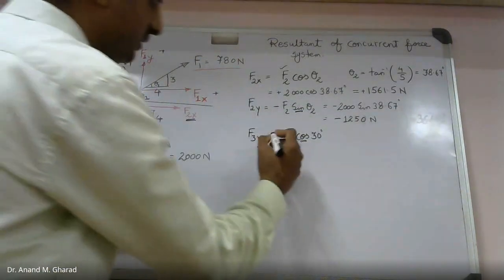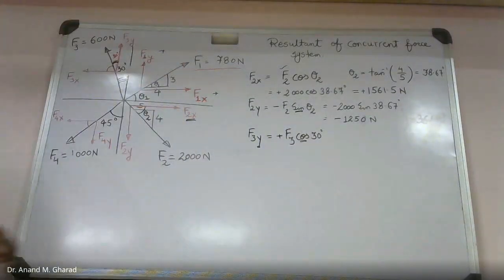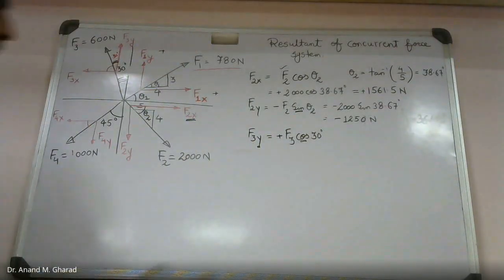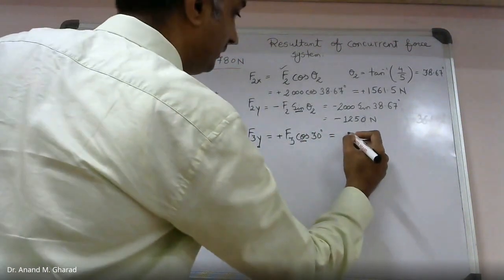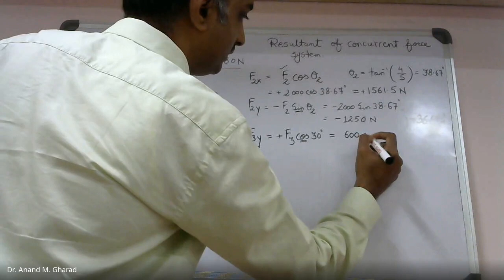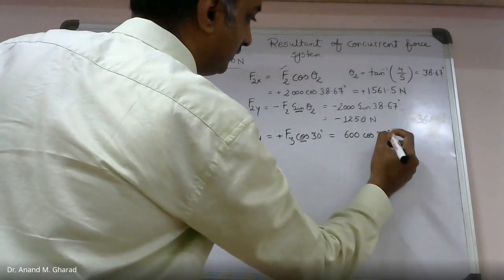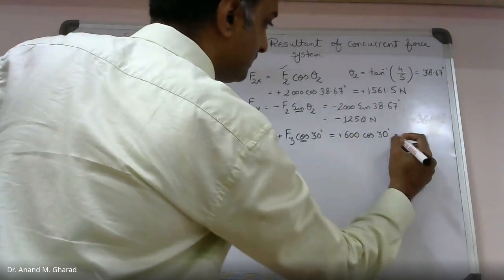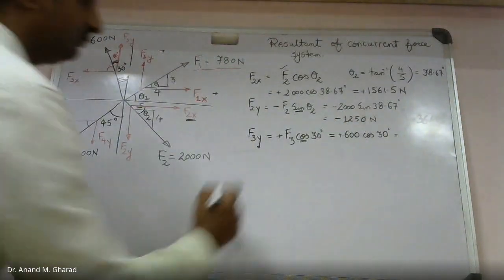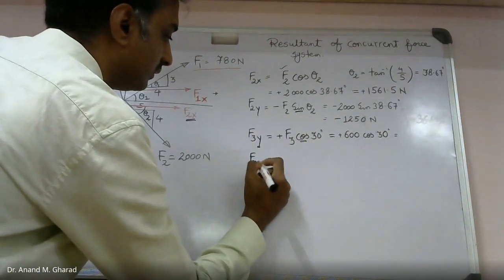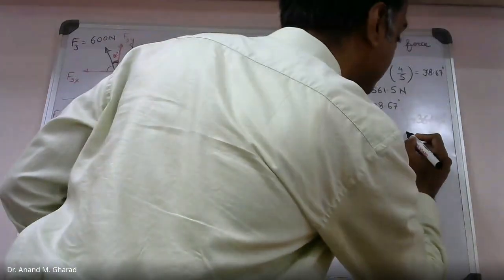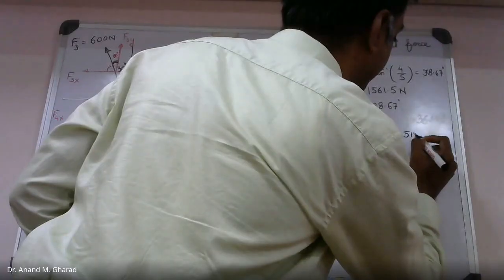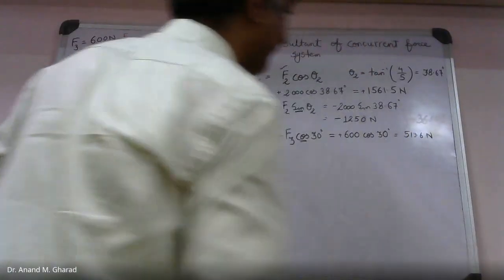And how is the direction? It is upward, so it will be positive. What is the magnitude of F3? It is 600 Newton. 600 Newton cos of 30, positive. How much does this come out to be? 519.6 Newton.